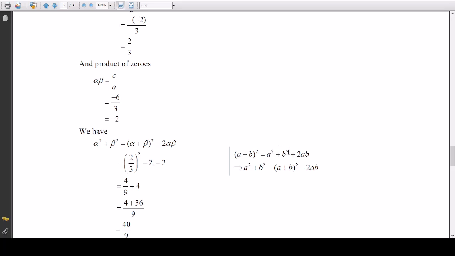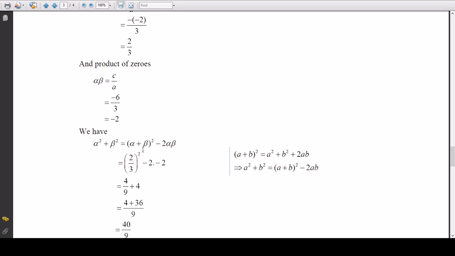What you need is a square plus b square. If you need a square plus b square, then in (a plus b) whole square, this twice ab you transpose to the left side, it will be (a plus b) whole square minus twice ab equals a square plus b square, isn't it? Or we can write a square plus b square is equal to (a plus b) whole square minus twice ab. Clear?